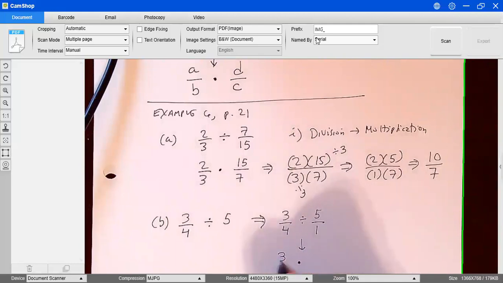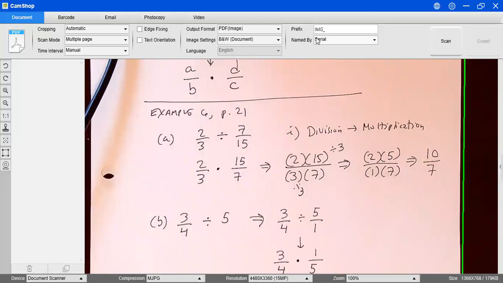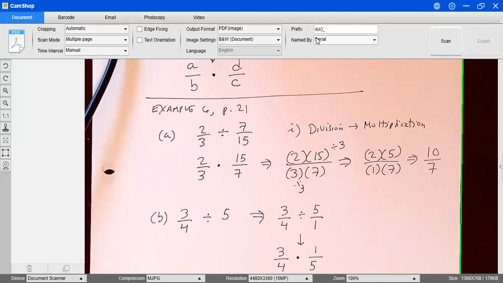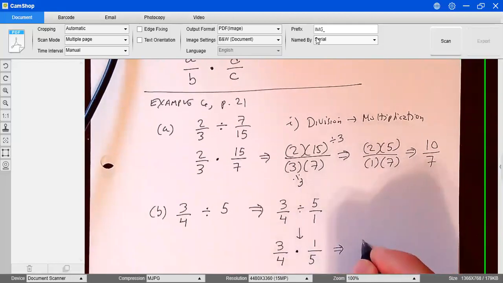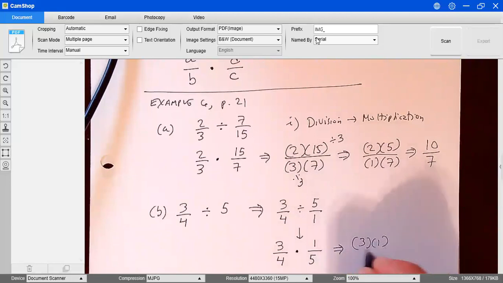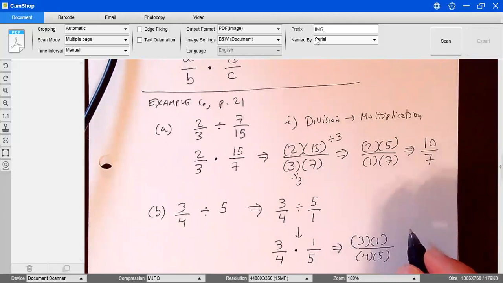It's going to be 3 over 4, so the first fraction remains, and the second fraction is flipped. Now we can just multiply this: 3 times 1, 4 times 5, no common factors. So the final answer is just 3/20.